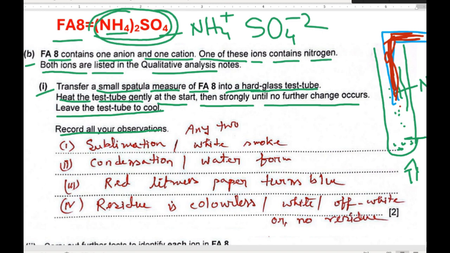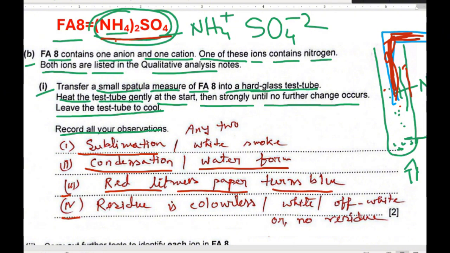So what you would see, as the ammonium compound converts to gas, sublimation occurs. Sublimation and condensation. Condensation means water vapor condenses in the test tube, or you can write water forms. And as ammonia gas, red litmus paper turns blue.